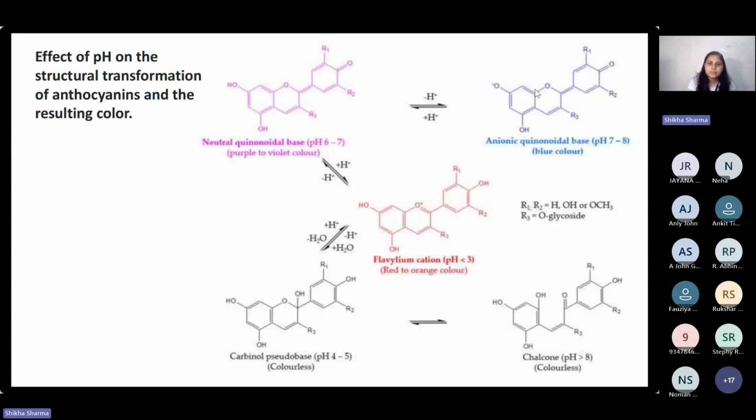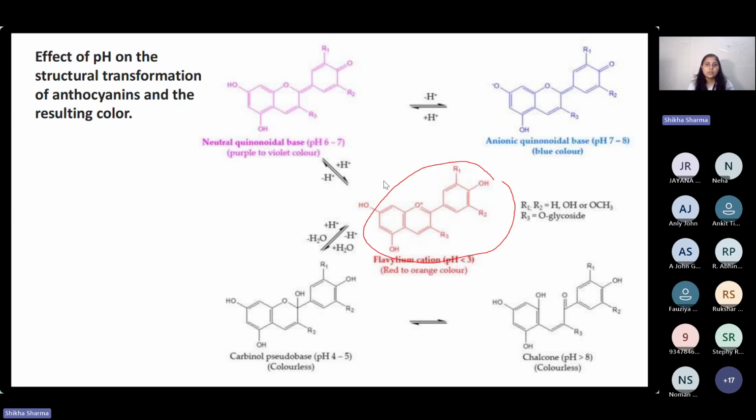If we look at the reaction, when the pH changes, what happens to the structure of the anthocyanin results in the color. This is the flavylium cation, which at pH less than 3 is red to orange.